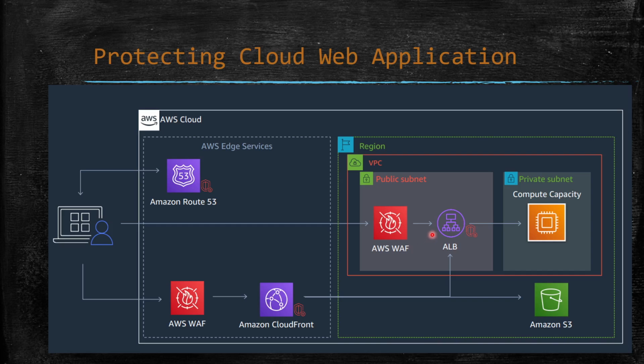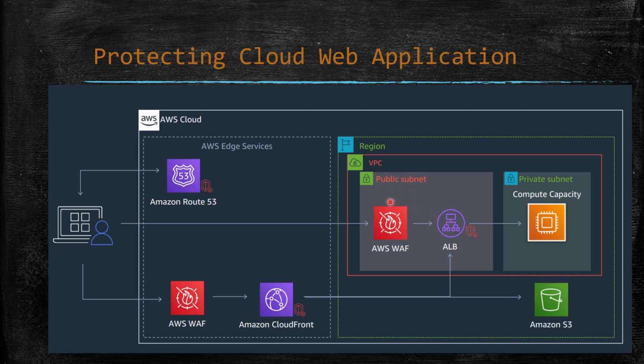In this architecture, we keep two layers of WAF. One is an edge service and one is a regional service. Here, the entire service is running in my environment, and the WAF protects the ALB and all the ALB requests.